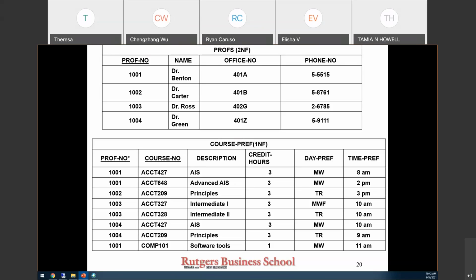If that professor leaves the university, like is fired or retired, and his record is deleted from that database, we also lose information about the course that was being taught by that professor.